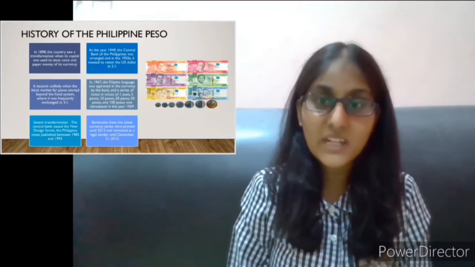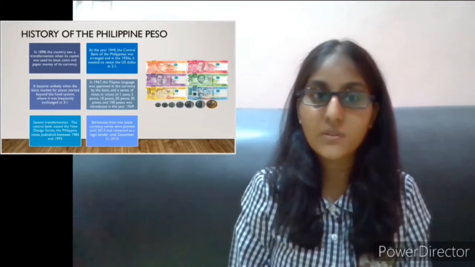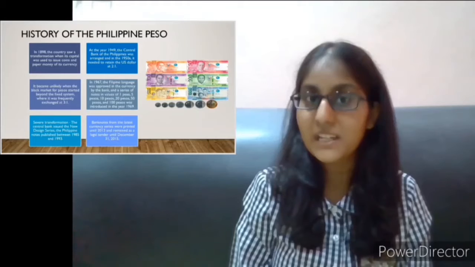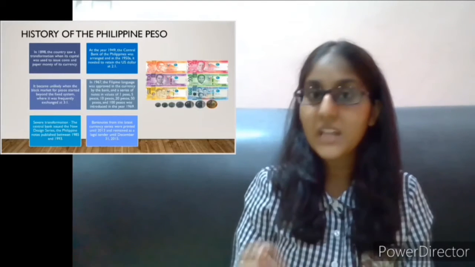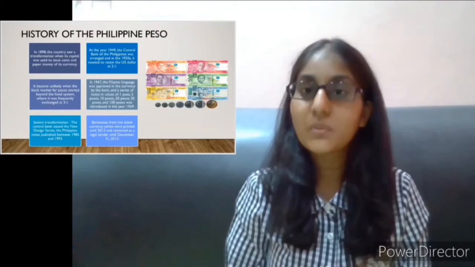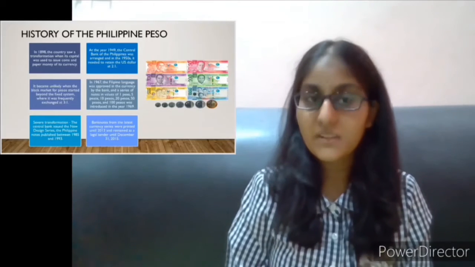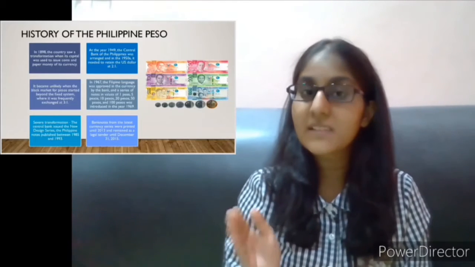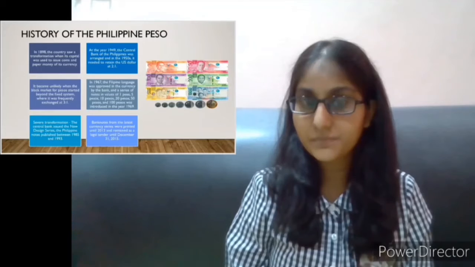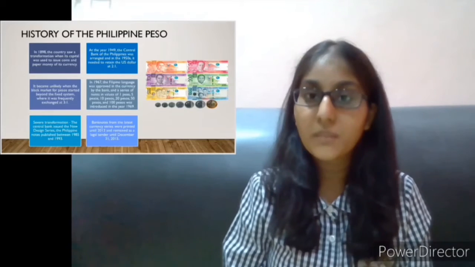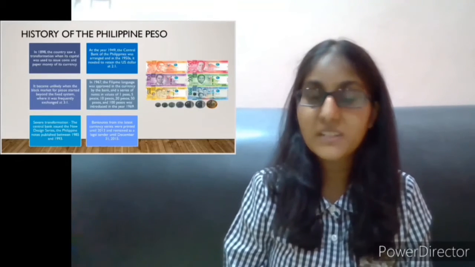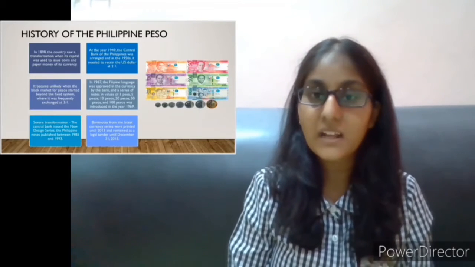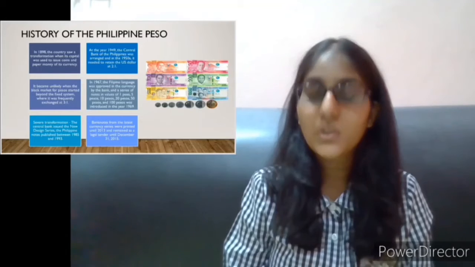It was then renamed as the BSP series due to the restoration of the BSP in 1993. It was changed by the New Generation Currency series, which was released in December 2010. Banknotes from the latest currency series were printed until 2013 and remained as legal tender until December 31, 2015.